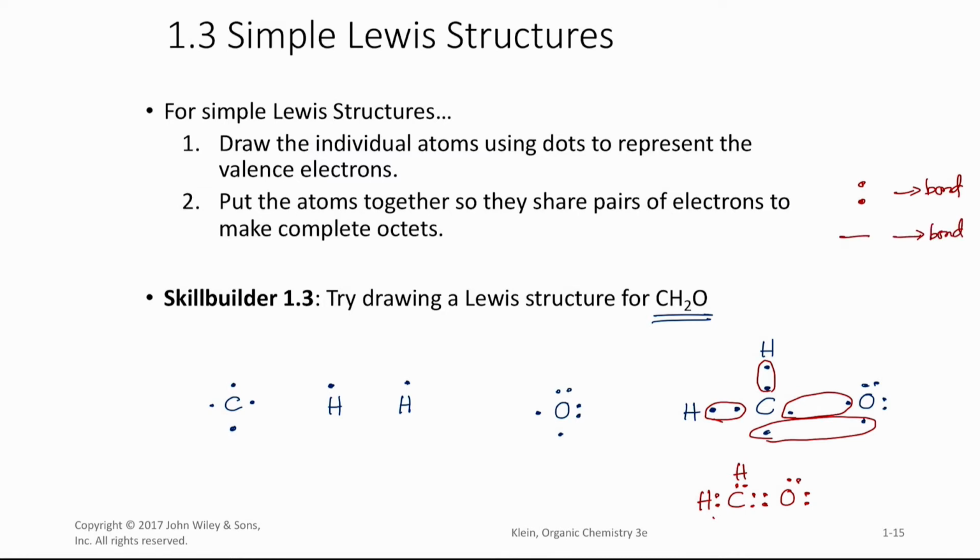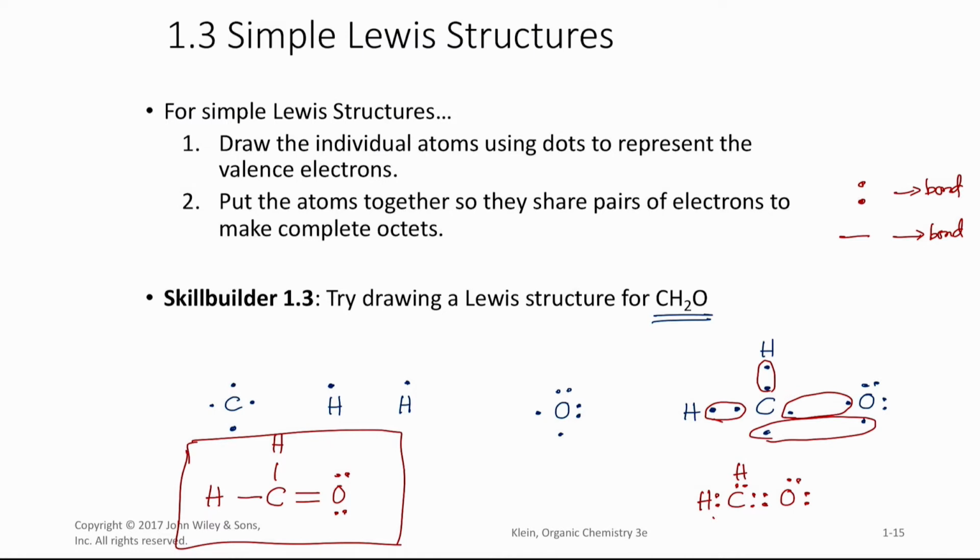For example, in this structure we can also write this as C, bond H, double bond O. So this also represents a structure. Now remember that every molecule has shared electrons and unshared electrons.